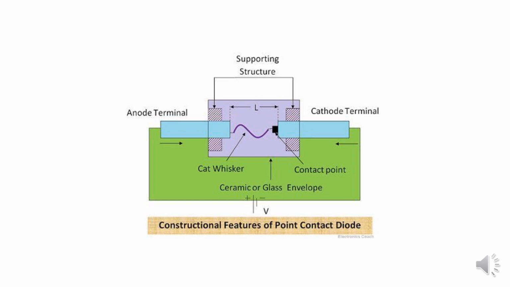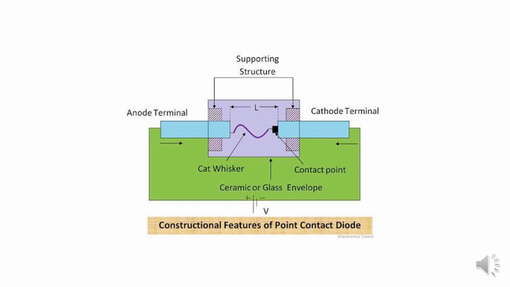When the wire gets heated, the semiconductor in contact with the wire also gets heated and melted, and atoms from the whisker pass into the semiconductor crystal, and thus the whisker acts as a p-type semiconductor.